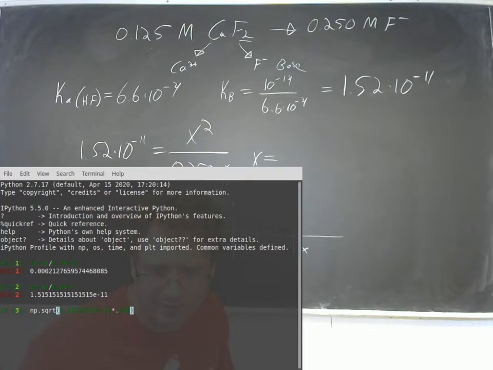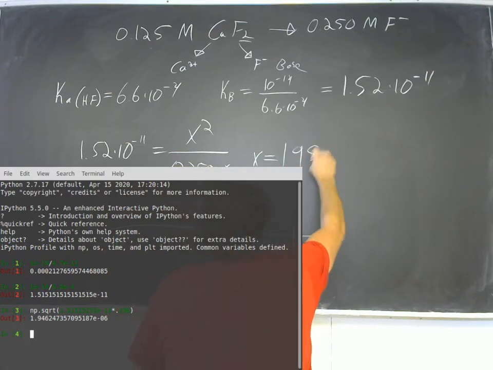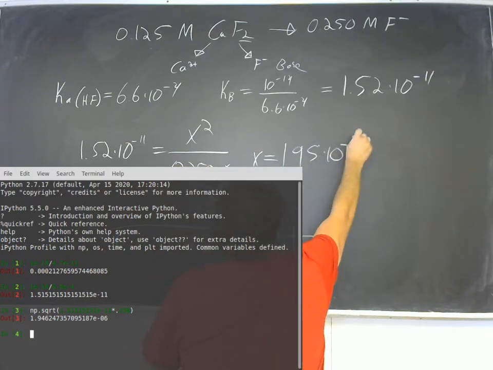I just carried a ton of digits there because it was fun. And I get x is equal to 1.95 times 10 to the negative 6th.